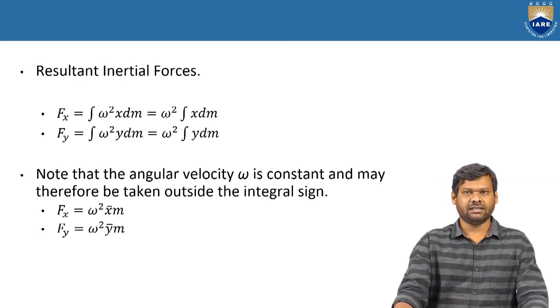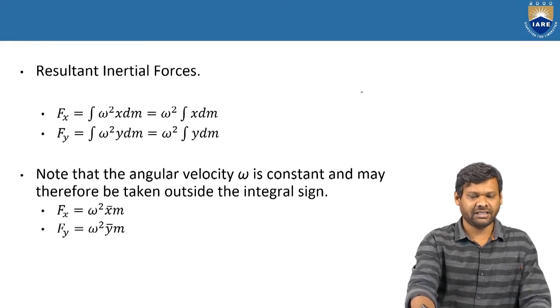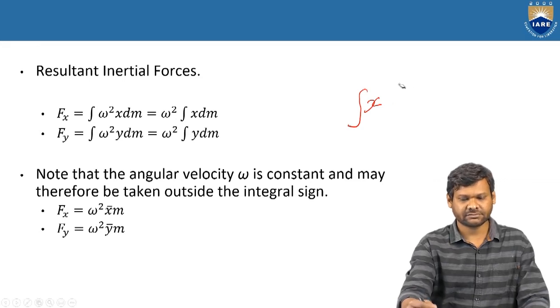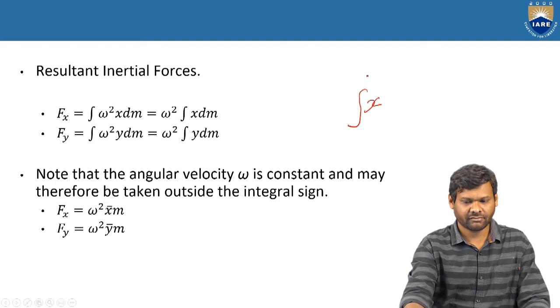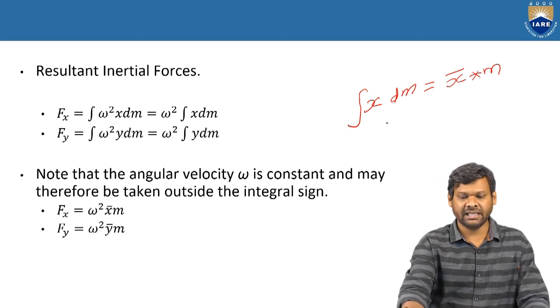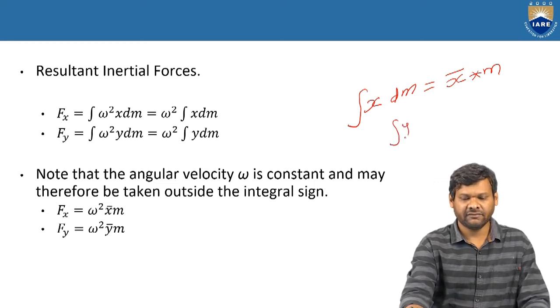Note that integral x dm is nothing but the centroid x bar times the mass m, and similarly integral y dm can be written as y bar, the centroid, times m.